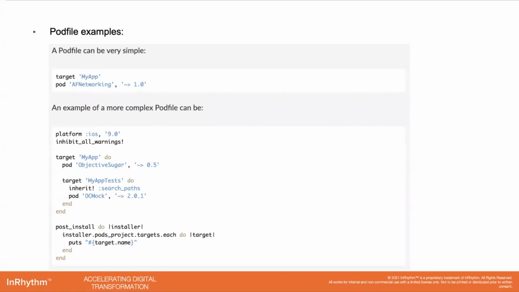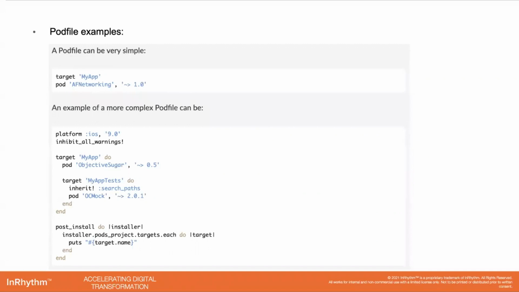I also wanted to talk about adding pods into a Podfile. In this example, you can see we have two pods, including ObjectiveSugar. We can add external pods to the Podfile, or some local repository from our local machine, so we have pretty much flexibility here.